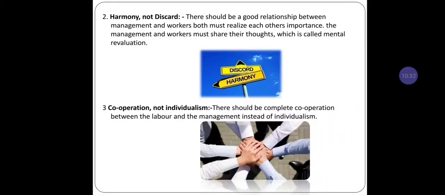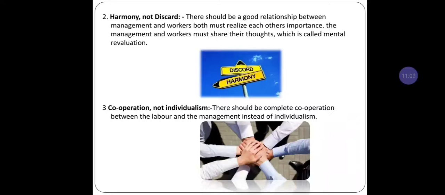So Taylor is telling about the second principle, harmony, not discord, which explains there should be a good relationship between management and workers. Both should realize that both are important to the organization. Those who work very well, you can give a very good salary, bonus, incentive, etc. Understood?